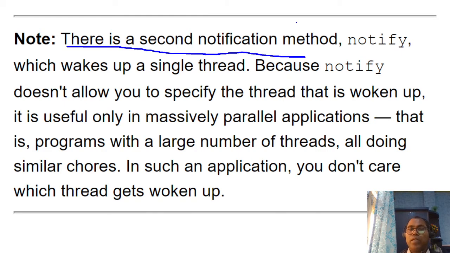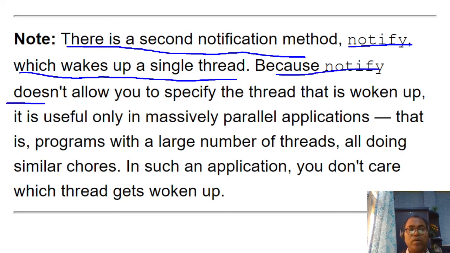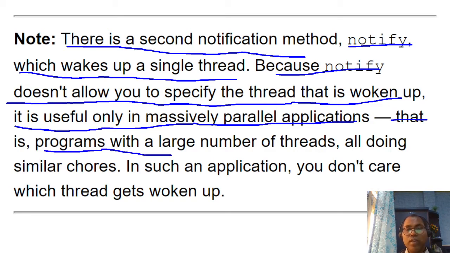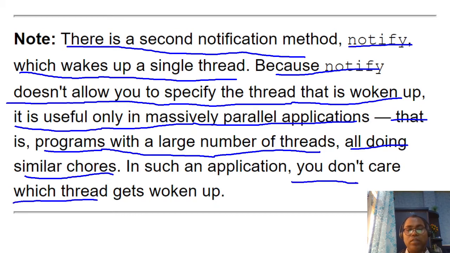Sometimes the Object class provides the notify method, which wakes up a single thread, because notify doesn't allow you to specify the thread that is woken up. It's useful only in massively parallel applications, a program with a large number of threads all doing similar things, where we don't care which thread gets woken up.